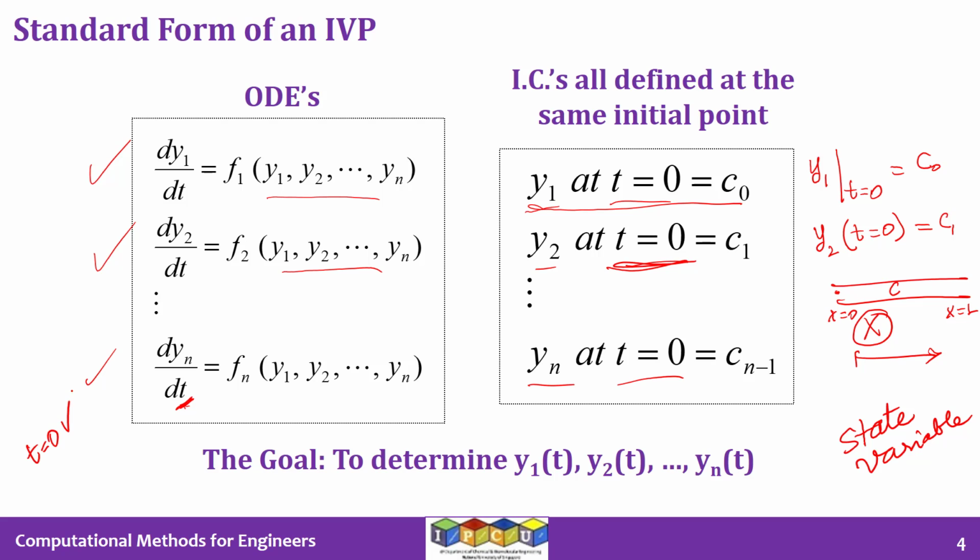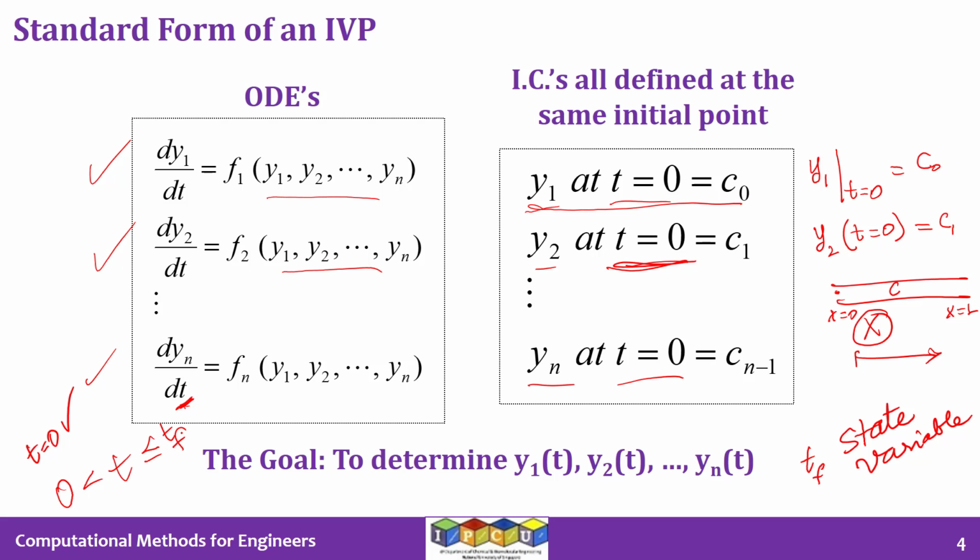The state of the system is known. But once we leave that base 0, we want to know what are the values of y1, y2, y3, yn until a final time. Let's call that tf. So the domain of interest for us is, in this particular case, with t as the independent variable, from 0 to tf.